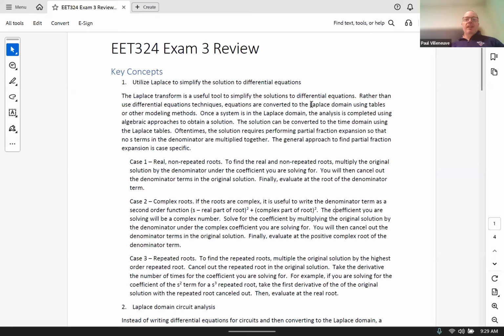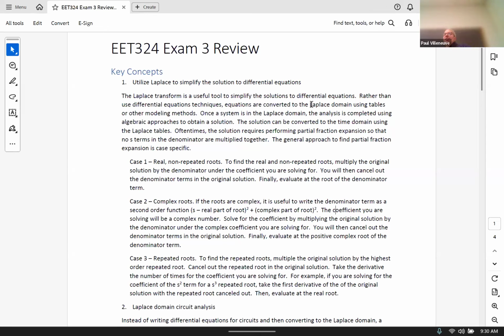So I put up the discussion, but the key thing is we're not going to do derivations on this exam. We're just going to have to be able to go back to the time domain using inverse or partial fraction expansion. So I reiterated the three approaches that I taught you in class.